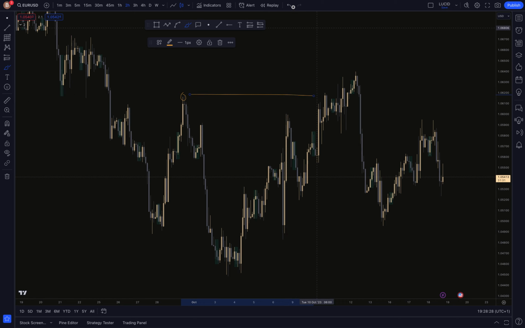Price took out this high right here, and then tapped into a zone and started moving away to the downside.